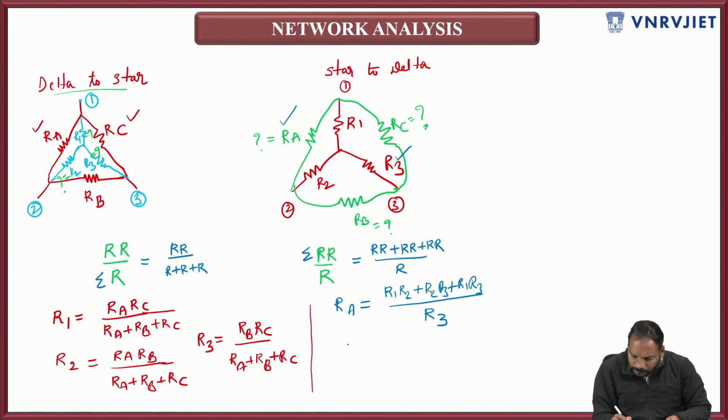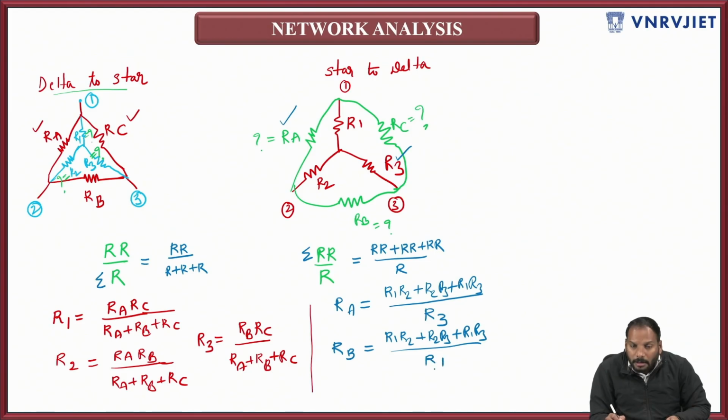Going ahead, I have done RA. Now I'll go with delta RB. RB is equal to, once again, the numerator is the same for all the values, that is R1 R2 plus R2 R3 plus R1 R3, divided by the opposite of RB. What is the opposite of RB?